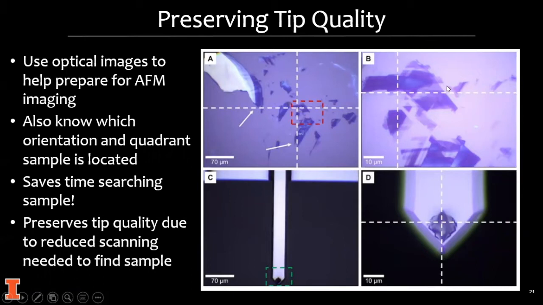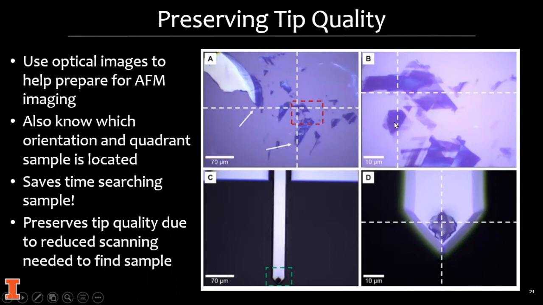Then use a zoomed in optical image to quickly determine, once you start a scan, am I on the graphene, or am I just to the side of it and I need to move the tip. This will help you find your sample within one or two scans, with practice of course, but it will save you a lot of time searching and scanning, and you preserve that tip quality.